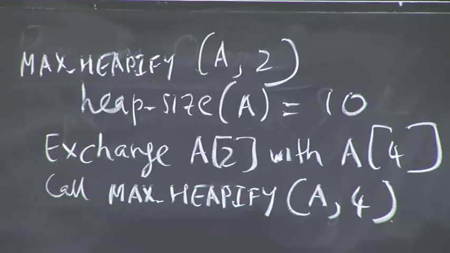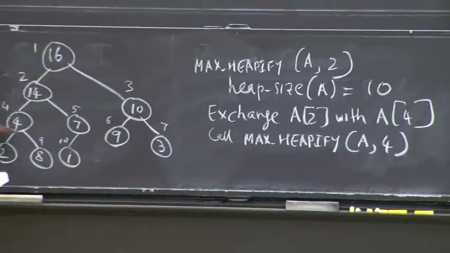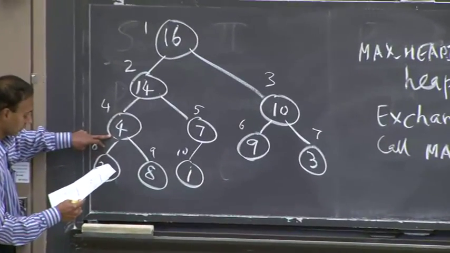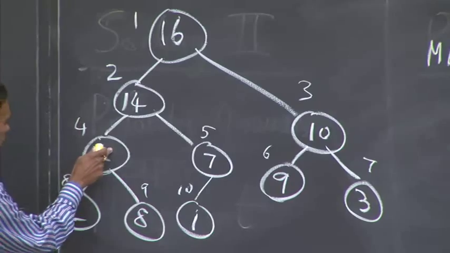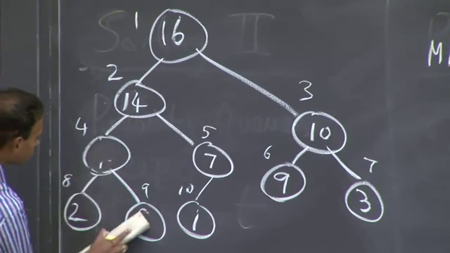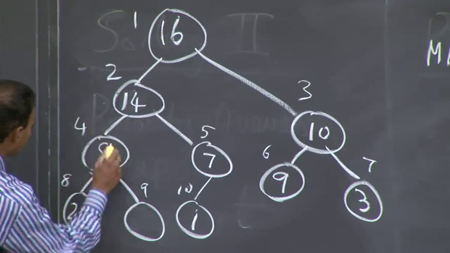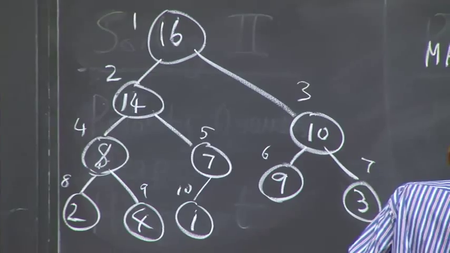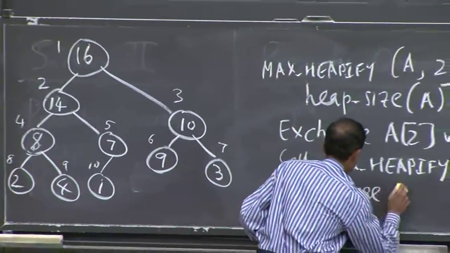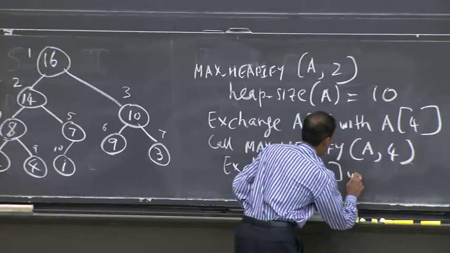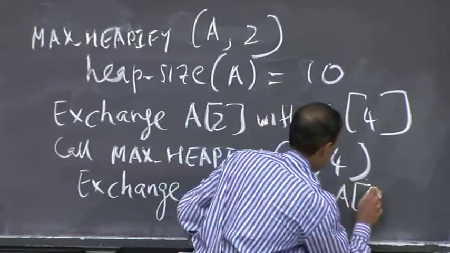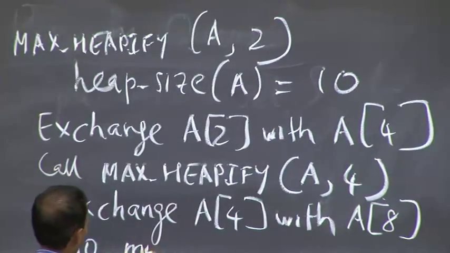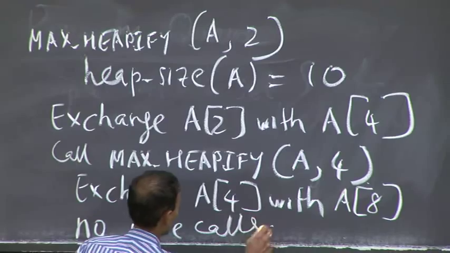And when that call happens, you're going to look at the two children corresponding to this little subtree, and you're going to do the exchange: you're going to have 8 here and 4 here. So you would exchange A4 with A8. And now you're done, so there are no more calls.